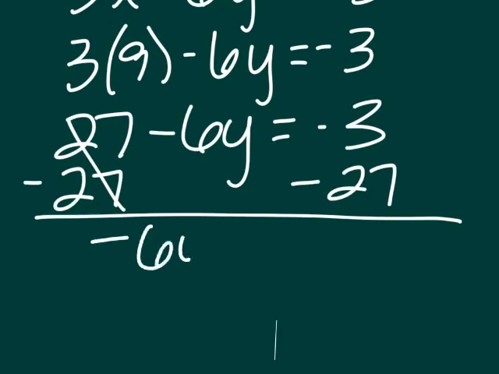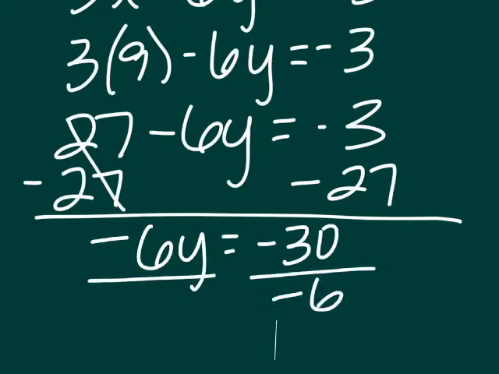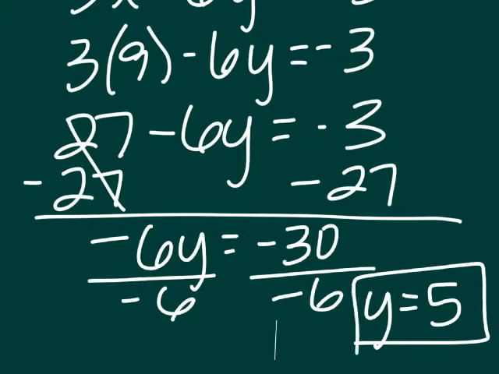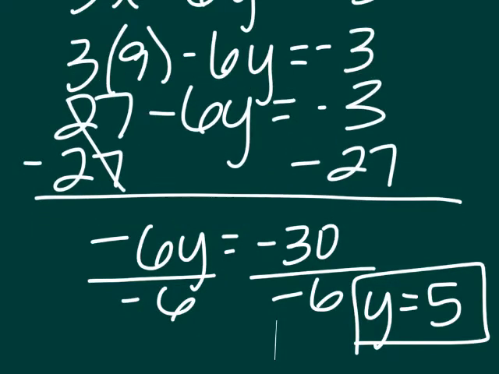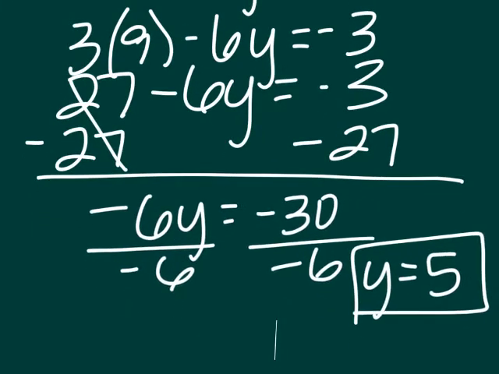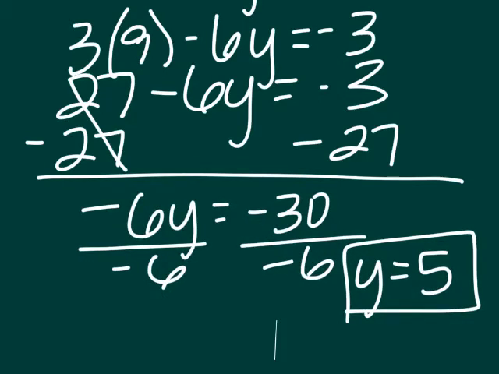Negative 6y equals negative 30, then what do I do? Divide by negative 6. What's negative 30 divided by negative 6? y equals 5. So my coordinate point, that is my solution, should be 9, 5, correct?